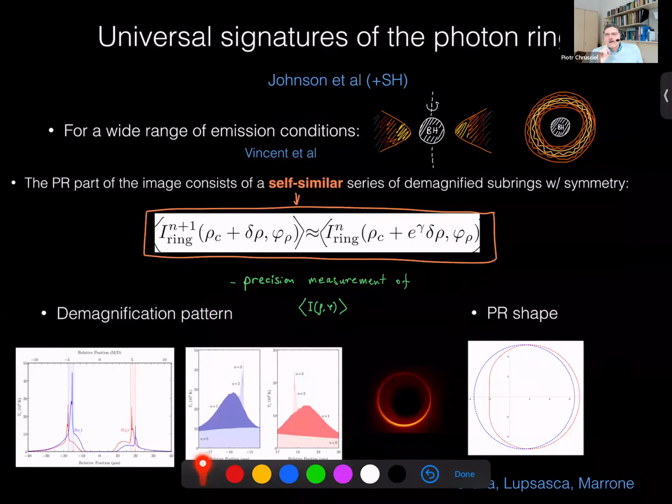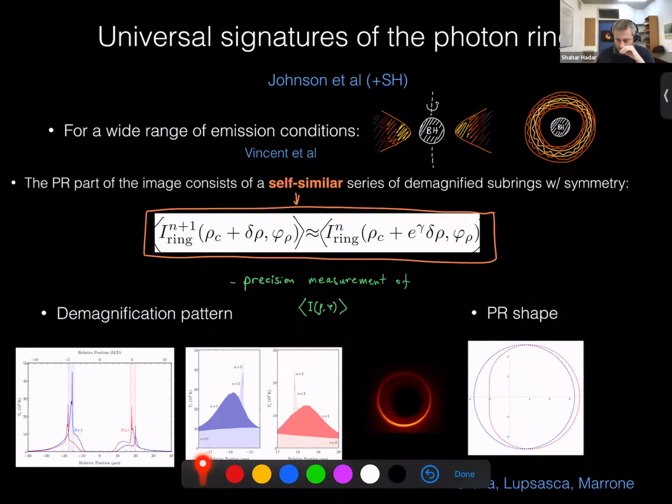Question: how big or small is this number e to the gamma? For Schwarzschild, for example, gamma is pi, so it's e to the pi, which is about 1/20. So it's not so small. Now this gamma varies as a function of spin and as a function of r tilde as you go around the ring.